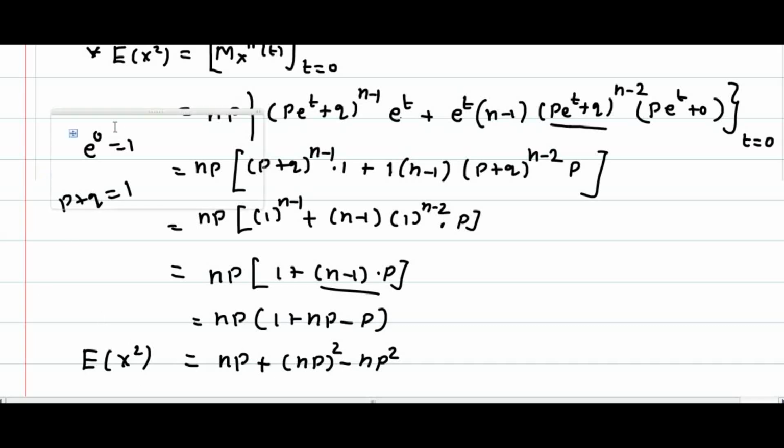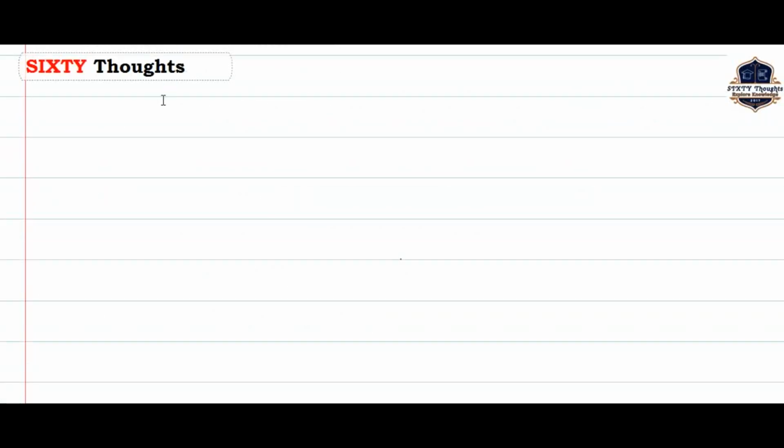Okay. So now we substitute the expected value of x square and expected value of x in the variance formula. We know that variance of capital X equal to expected value of x square minus (expected value of x) whole square. So what is the expected value of x square?